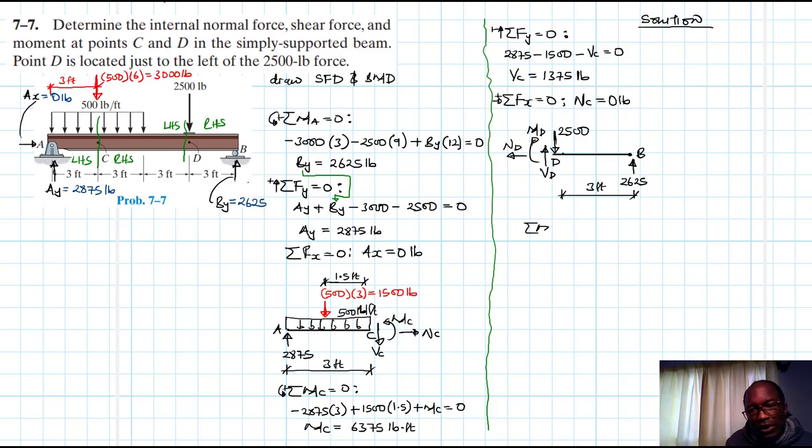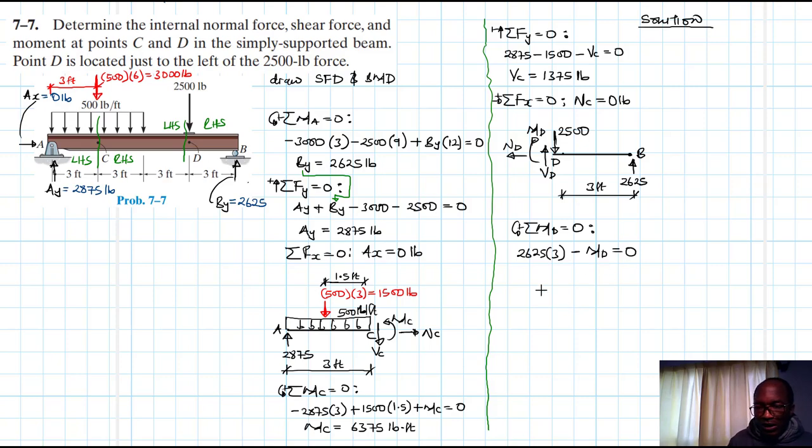So we'll have summation of moments about point D equal to 0 and clockwise being our reference. What do we have? Okay, we have an anti-clockwise moment from 2625 times the lever arm, that's anti-clockwise. What else? Plus minus MD. MD is clockwise there, right?